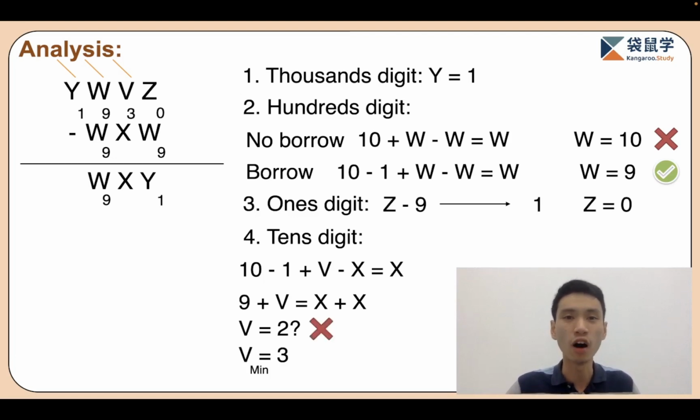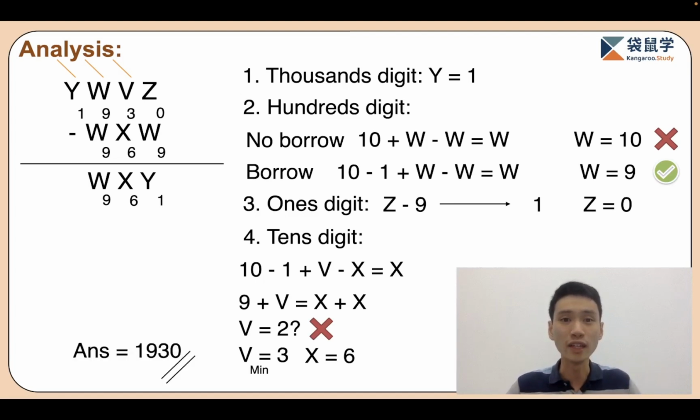And we can put that on our number puzzle. And if V is 3, what would X be equal to? That's right. X can only be equal to 6. And so we can mark that on our number puzzle as well. And what would the final answer be for YWVZ, its smallest possible value? 1930. And we solved this problem.